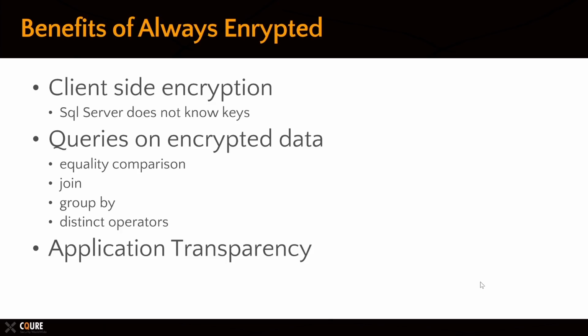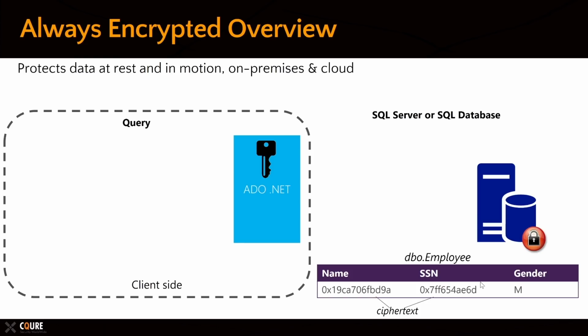If you are currently performing the encryption on the client side with, for example, C# code, those queries are not possible. And the most important fact is that this is almost totally application transparent. Almost, because there are some limitations, but let's see it on a real example.